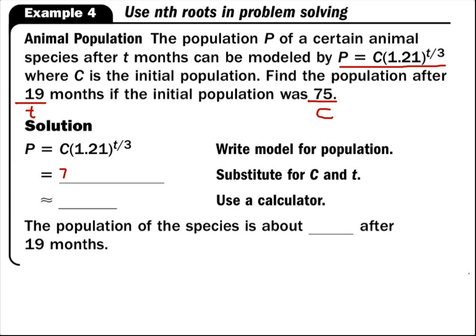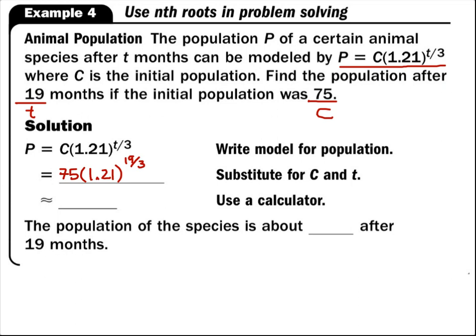We have 75 times 1.21 to the 19 over 3. And then, in this case, if you really wanted an exact answer, that's it.